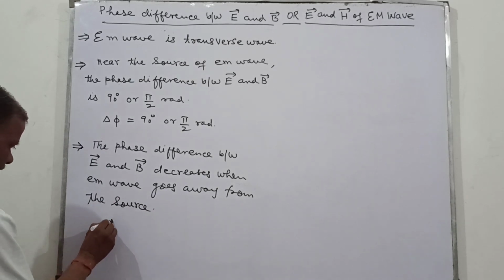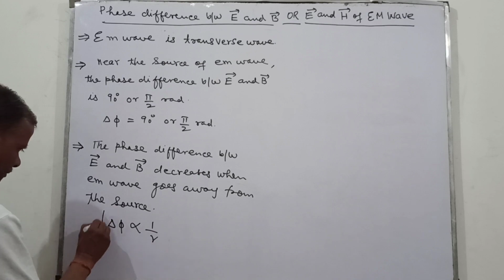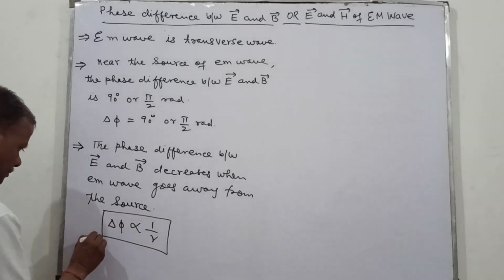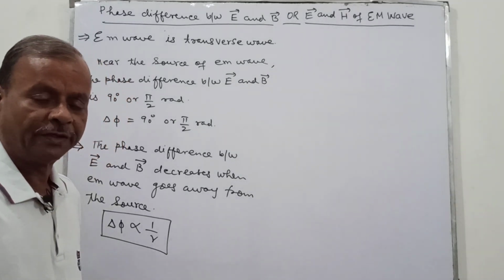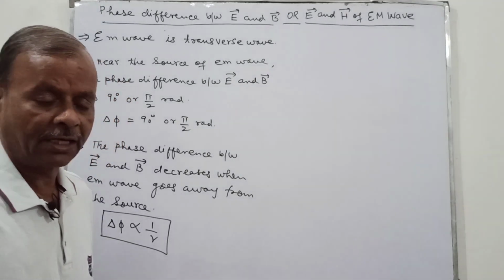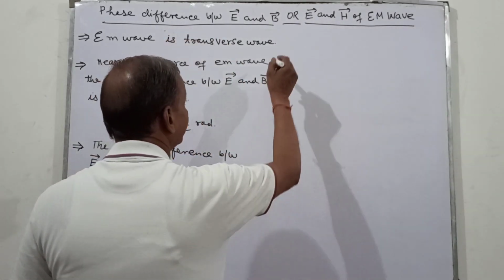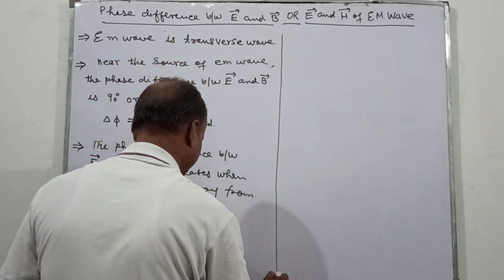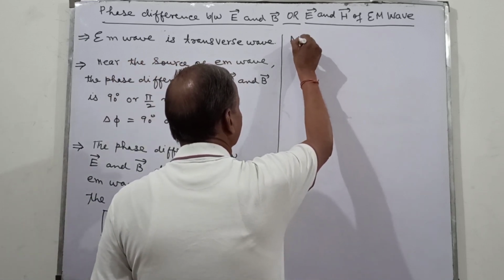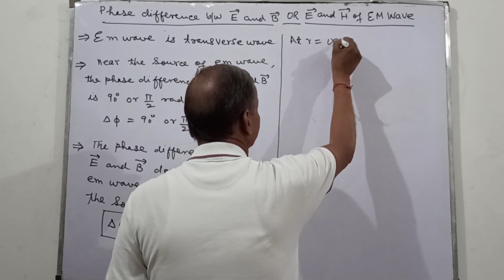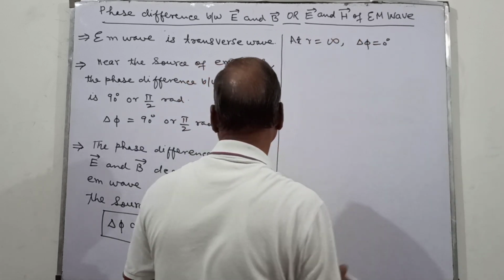So this delta phi is proportional to 1 upon r. When r tends to infinity, then the delta phi tends to 0. At r equal to infinity, delta phi equal to 0 degree.